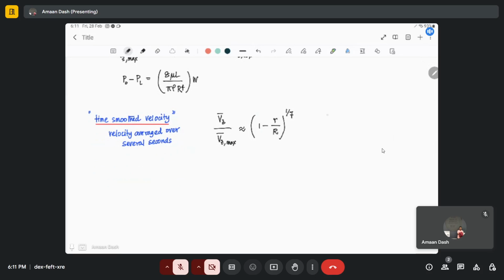Similarly, we can also write Vz bar average value divided by Vz max is roughly equal to 4 by 5.